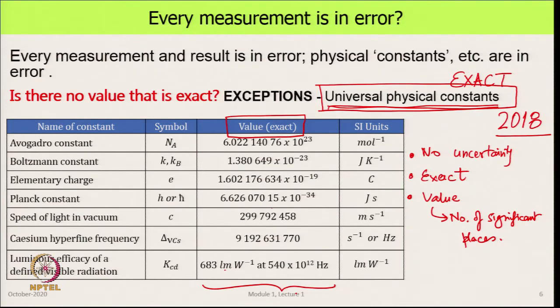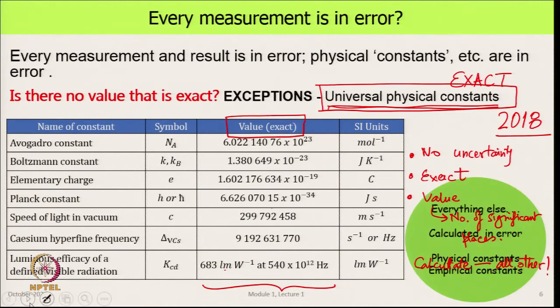And the reason they said that these are exact is that using these, we can calculate as accurately as we want, or measure and calculate as accurately as we want all other parameters. And the example of this will come in the next slide.